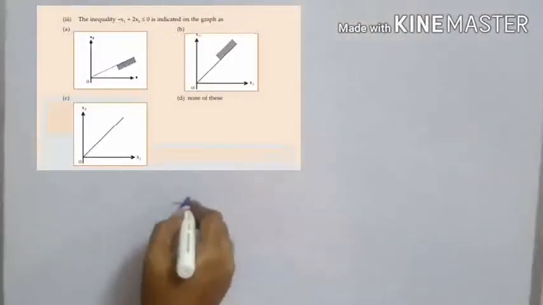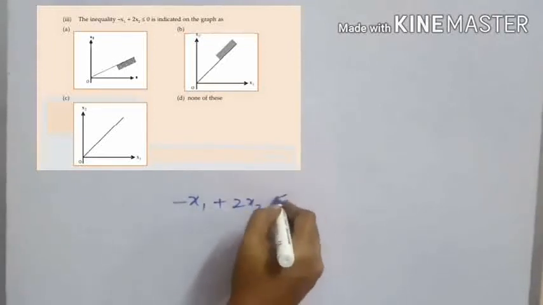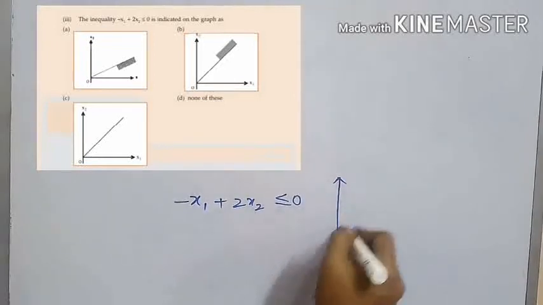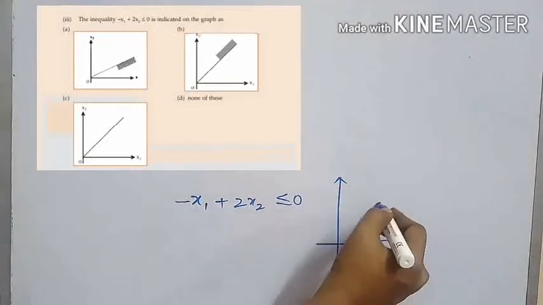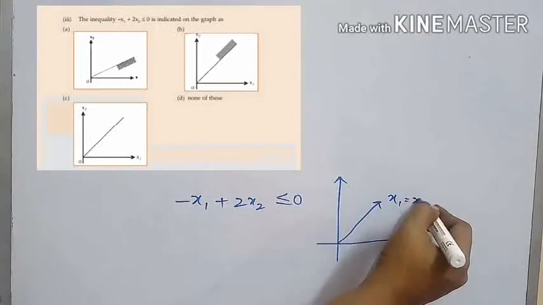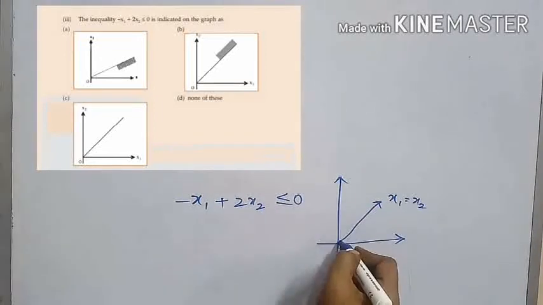The next question, the equation is minus x1 plus 2x2 is less than or equal to 0. This is the line x1 is equal to x2. So the given line should be a little lower.